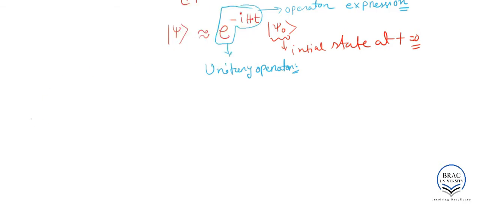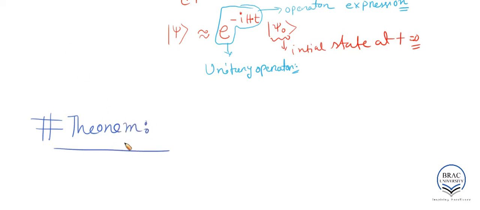So let's write it down. Theorem. This theorem says that a unitary evolution, or so to say, when you have unitary operators, they preserve the inner product between the vectors they act on.